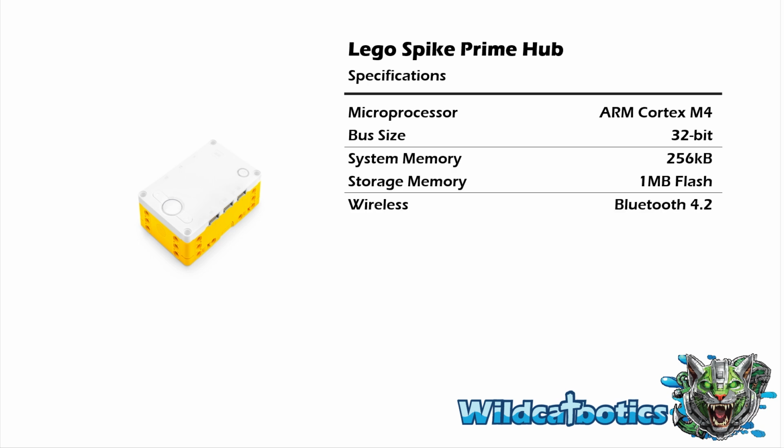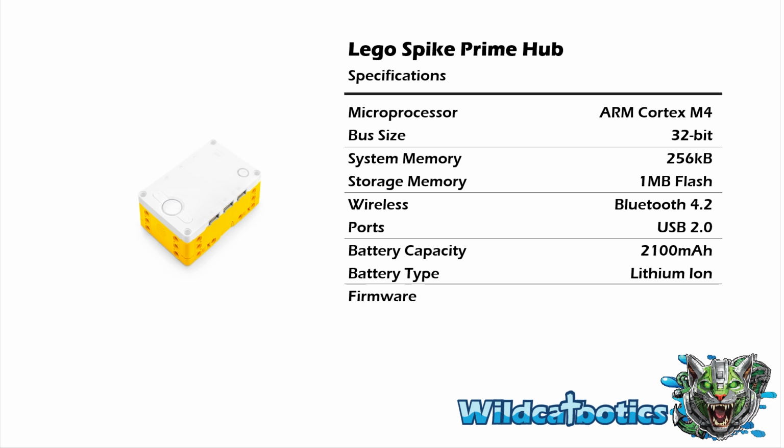It uses Bluetooth 4.2 for wireless control, has a USB 2.0 port for charging, and has a 21 milliamp hour lithium-ion battery. It runs on custom LEGO firmware, which is based on MicroPython.